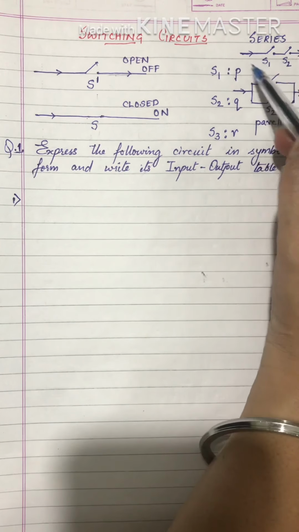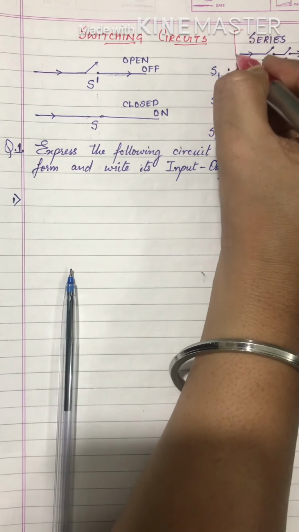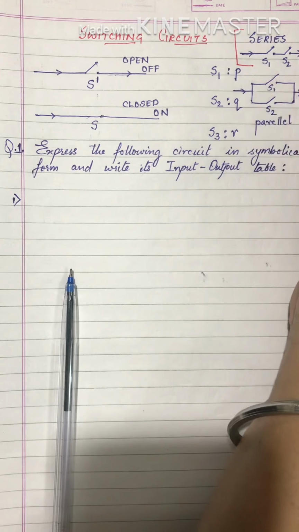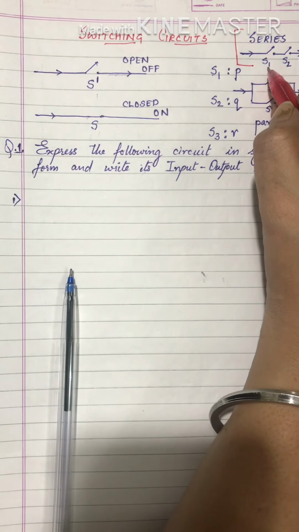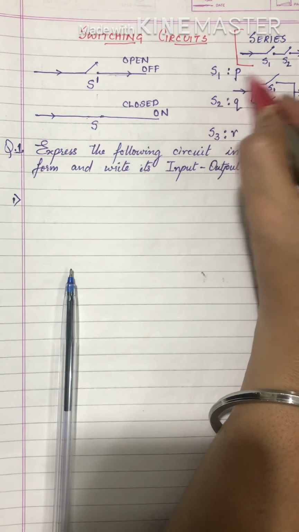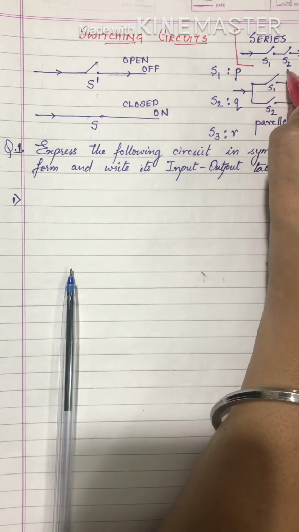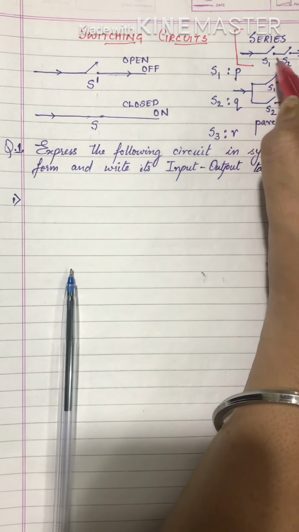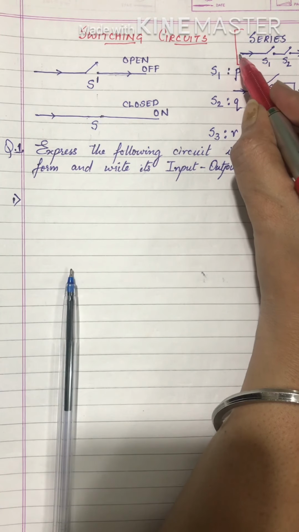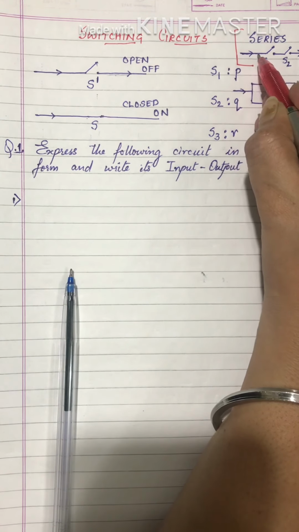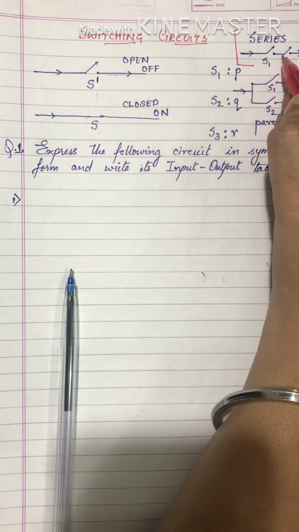Now if you are asked to show the first case symbolically using the connectives: S1 is stated by statement P, S2 is stated by statement Q, and they are connected in series. When you pass the current from one end, only when switch S1 is closed will the current move forward.